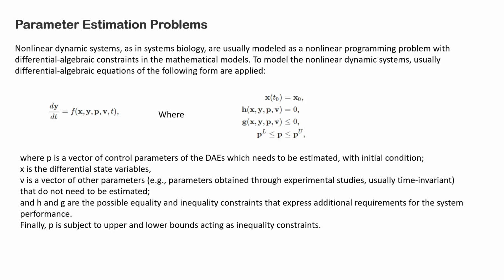And also you'll have P, which is a parameter bounded by inequality constraints, so it will be within a range. So these are all kinds of parameters you can have in systems biology models, which are non-linear, and these become hard to solve analytically. So these need to be solved numerically with the help of these constraints. Obviously, the solutions need to satisfy these constraints.